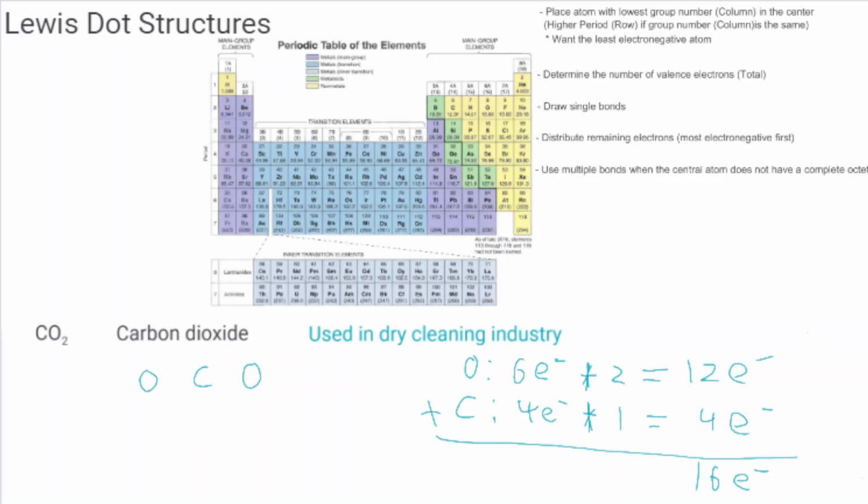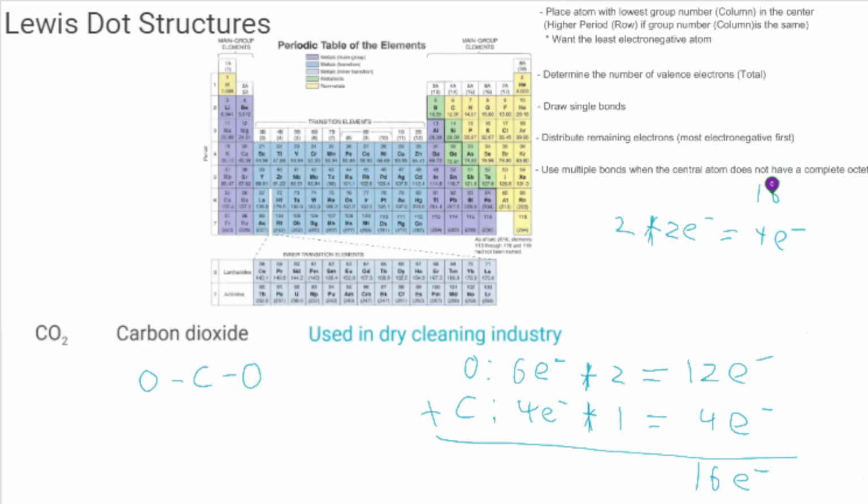Now I want to draw in our single bonds. So I'm going to draw in a bond between the carbon and each of the oxygens. We have 2 bonds at 2 electrons each. So that's going to be 4 electrons used in bonding.